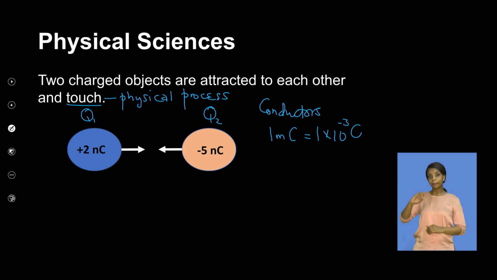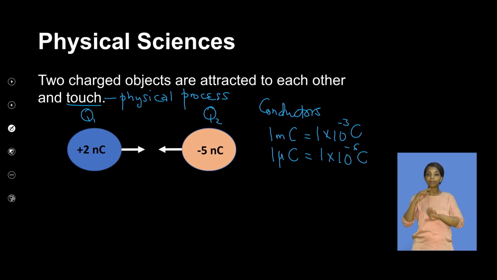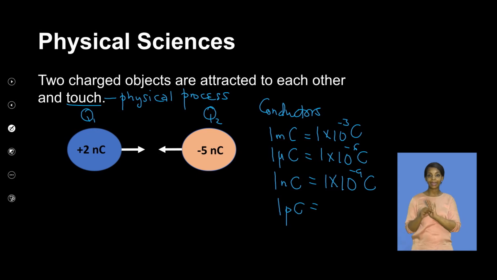While 1 microcoulomb is 1 times 10 exponent negative 6 coulomb. This is like a millionth of a coulomb. These are smaller units. And then we get to the nanocoulomb. 1 nanocoulomb is equal to 1 times 10 exponent negative 9 coulomb. And then we also deal with picocoulombs, which is 1 times 10 exponent negative 12 coulombs. So this should be very clear from the onset in terms of units.